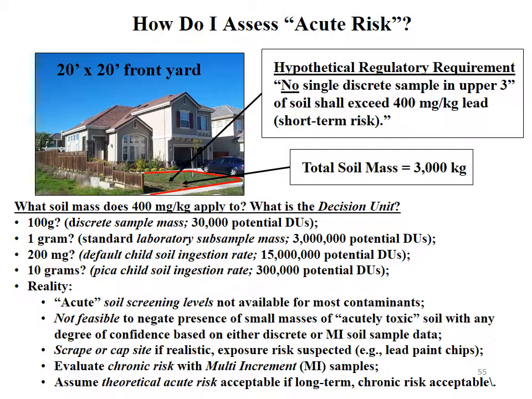So they're assuming if a kid ate a pinch of soil that had more than 400 ppm lead, there could be immediate health effects. In reality, there's a lot of problems with that from a toxicity standpoint. EPA, among others, published some guidance suggesting you need to be exposed over at least a 90-day period before your blood levels would be elevated to a level that would pose permanent long-time damage.